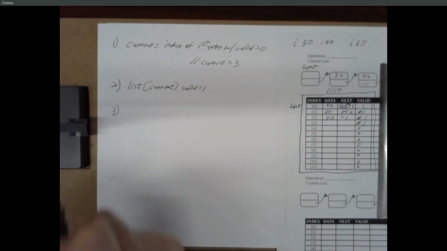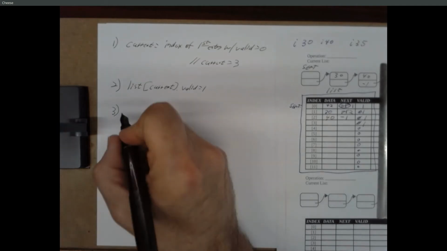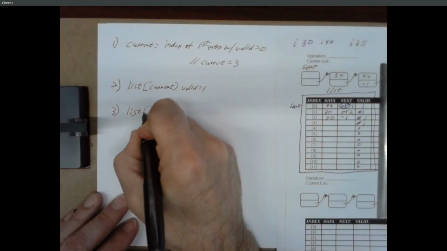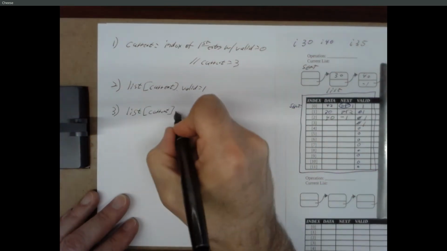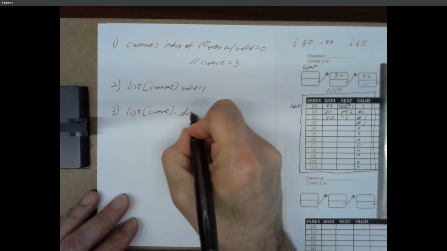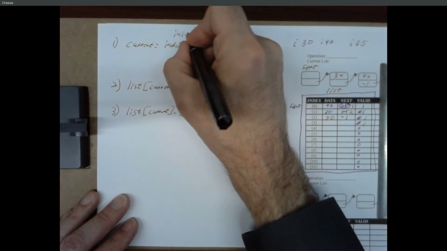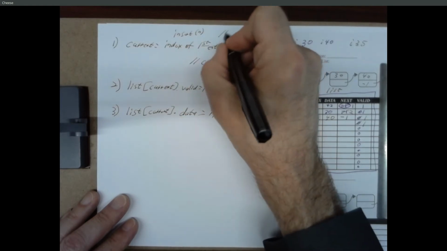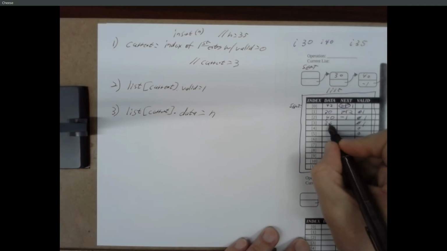Okay, what would be some pseudocode for setting the data value equal to n? List current dot data equals n. Perfect. List bracket current, that's this new index we're using. Dot data means the data field, set that equal to n. So our operation here, remember, is insert n, where in this case n is 35. So we set a 35 here.